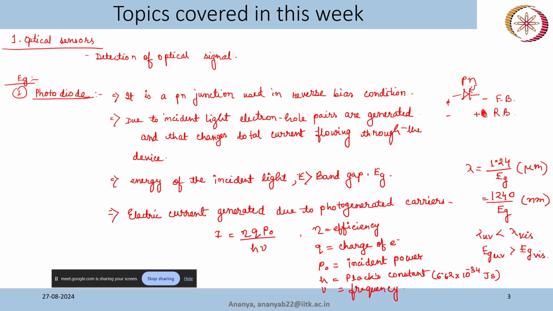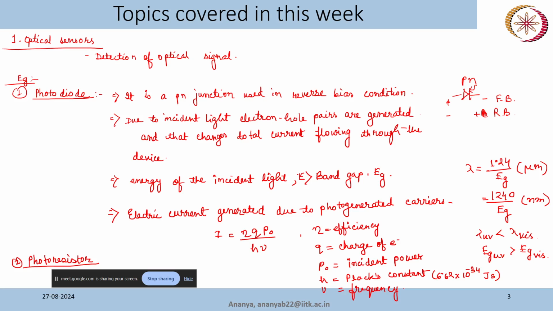So this is the first example of an optical sensor. The second example was a photoresistor. I'll just write down the term. So a photoresistor is basically a simple device where the resistance of the material is changed due to incident light.